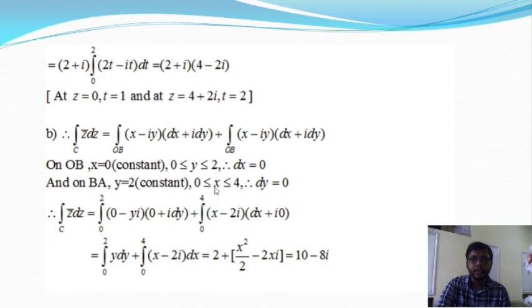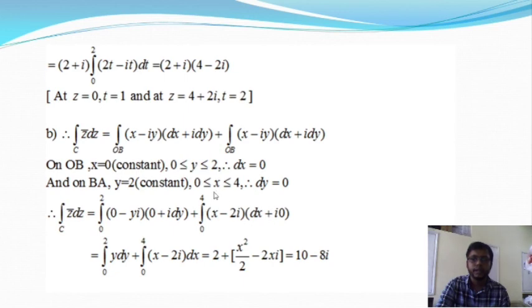Here x varies from 0 to 4 and y is fixed, and that's why dy is 0. In that case, the integration over 0 to 4 of (x − 2i) dx, where y is equal to 2, plus i times 0.